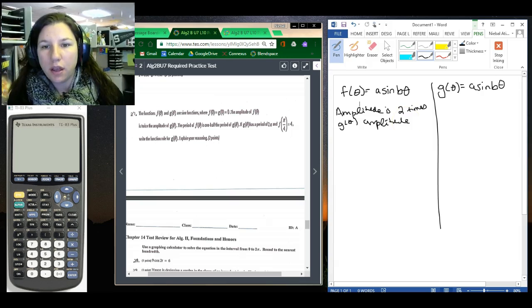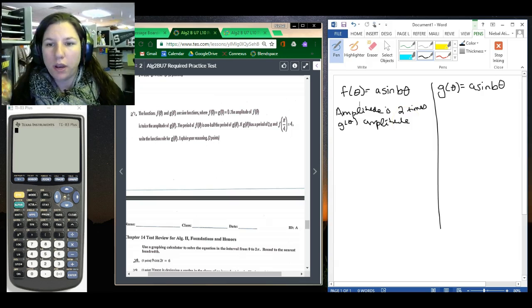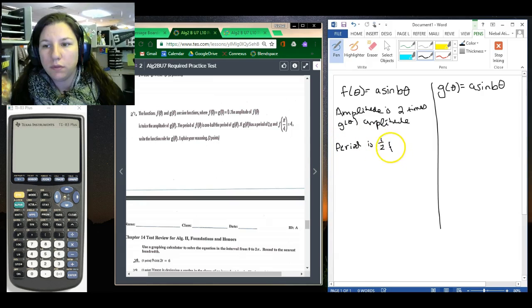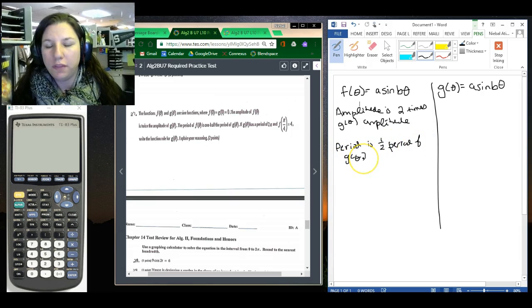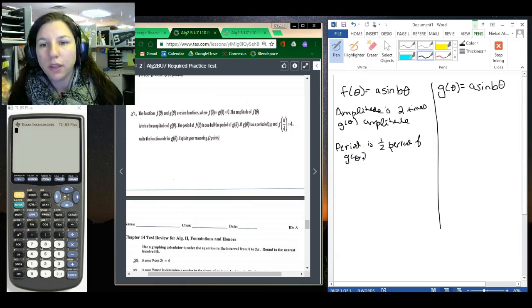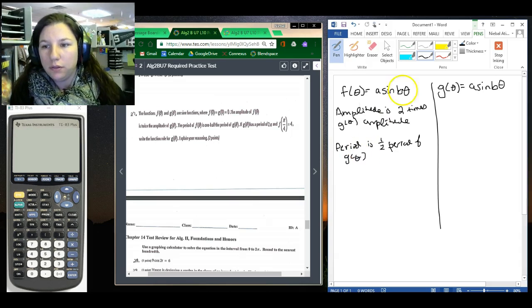The period of f of theta is 1/2 the period of g of theta. So it says g of theta has a period of 2 pi. This one, they gave it to you.